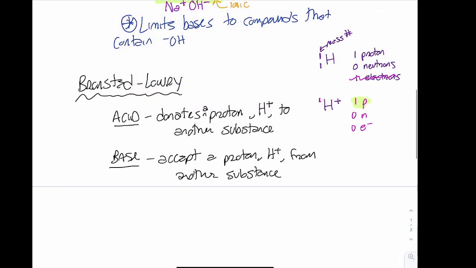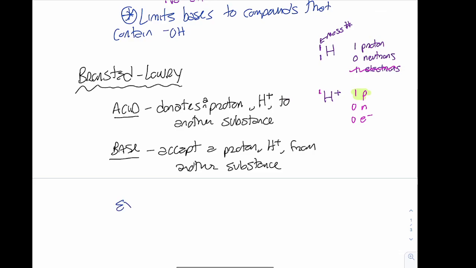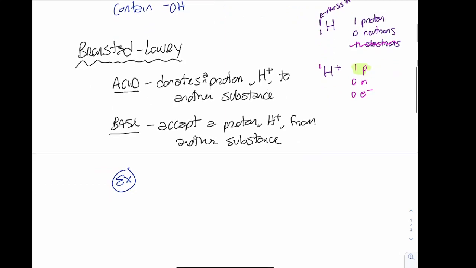An example for us. I'm going to use ammonia, NH3, as my base. It wouldn't be an Arrhenius base because I can't take NH3 and break it apart and get a hydroxide ion as a product, but it can accept a proton.